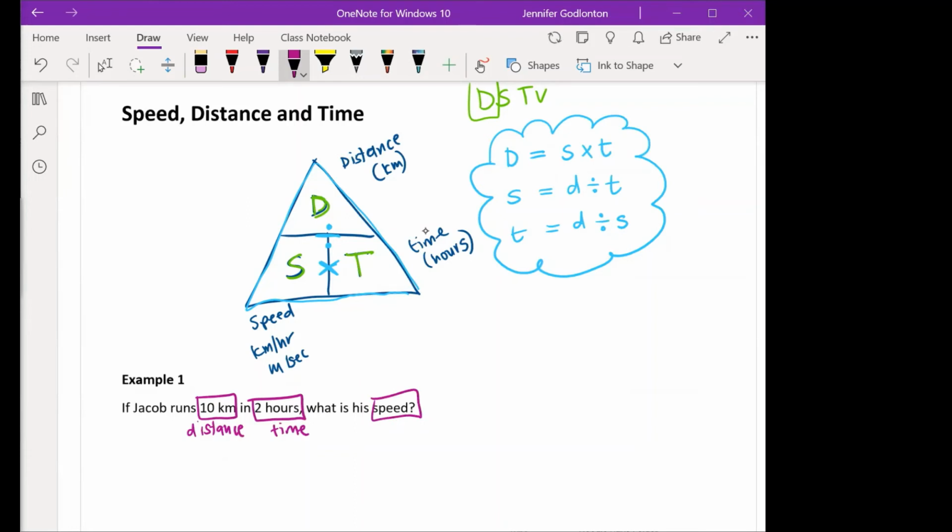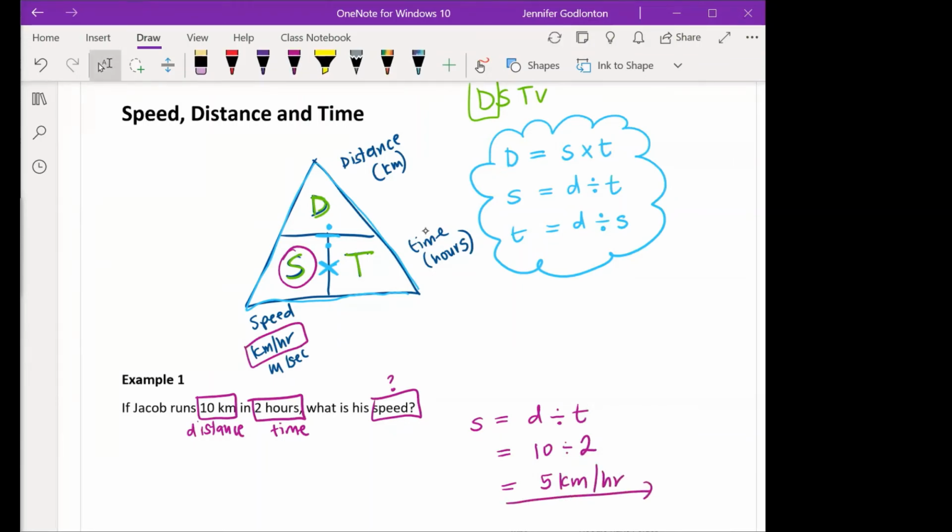We are looking for speed. Speed is equal to distance divided by time, so our speed is 10 divided by 2, which is 5. And remember, speed is always a rate, kilometers per hour.